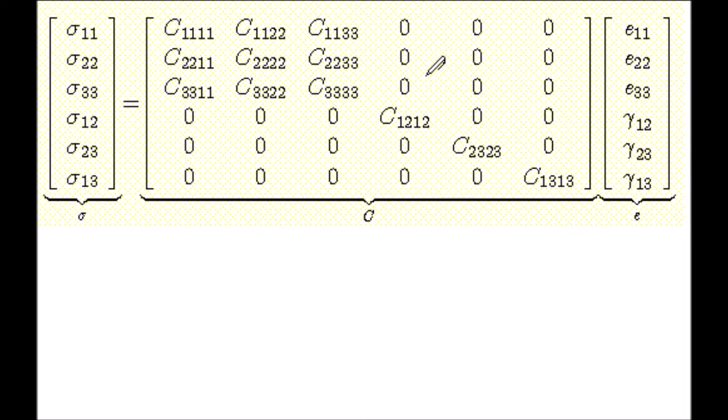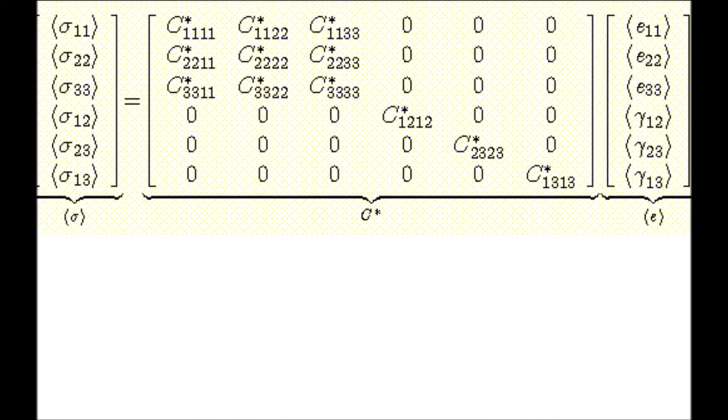Therefore, we want to find the effective stiffness matrix, which does not depend on the spatial coordinates, but is just constant. This matrix is formed by considering the following average stress-strain relation, which describes the relation between the average strain vector and the average stress vector.